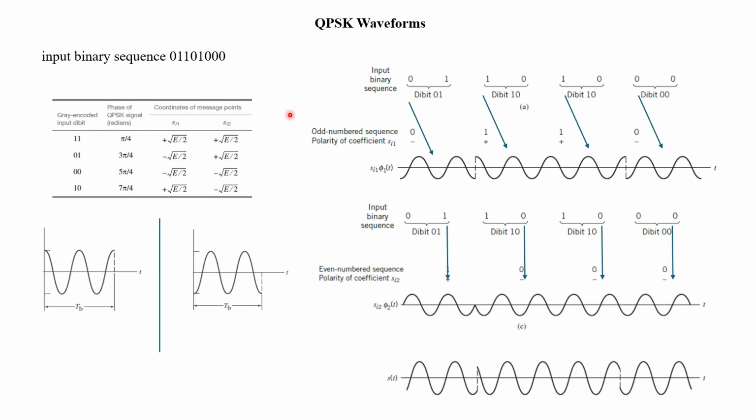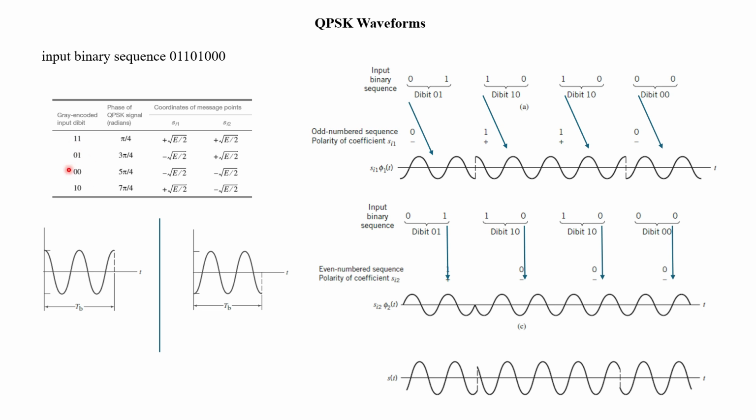The next very important concept here is to draw the QPSK waveform. Here we have considered Gray encoded input bits, and we have assigned the phase of QPSK in radians for these Gray encoded input bits.